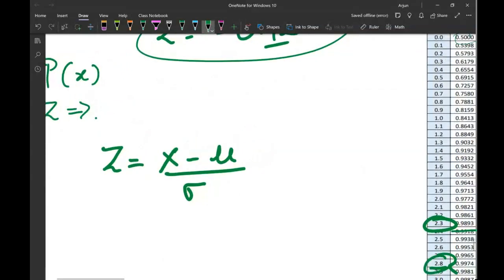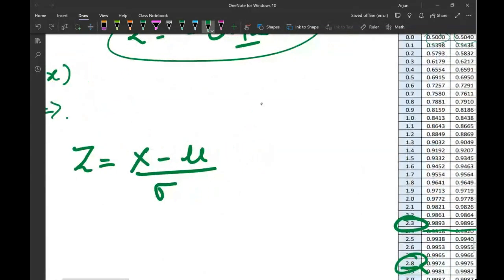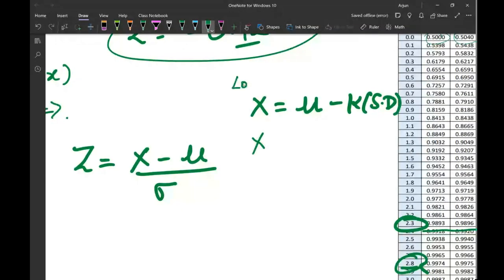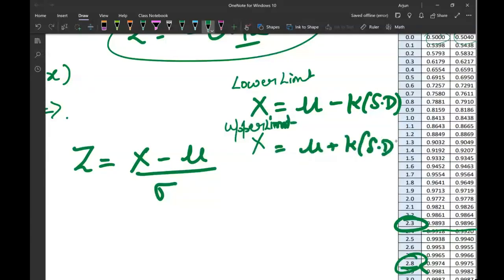Do you remember you've written the formula x equal to mean minus k times standard deviation, for the lower limit, and for the upper limit it was x equal to mean plus k times standard deviation. As I said, you're just replacing k with z and then rearranging.